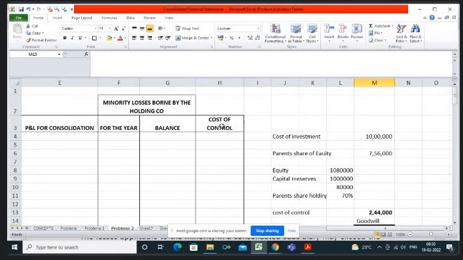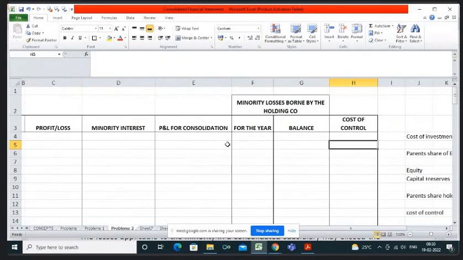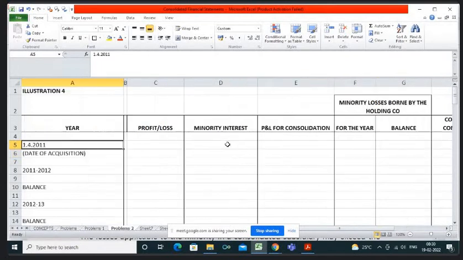Cost of control is goodwill and 2,44,000 we have. We don't have any transfer from post-acquisition revenue profits to capital profits in the subsidiary. So this amount will not change year after year. It will be 2,44,000. So cost of control is 2,44,000. For the next 7 years also, it will remain the same.